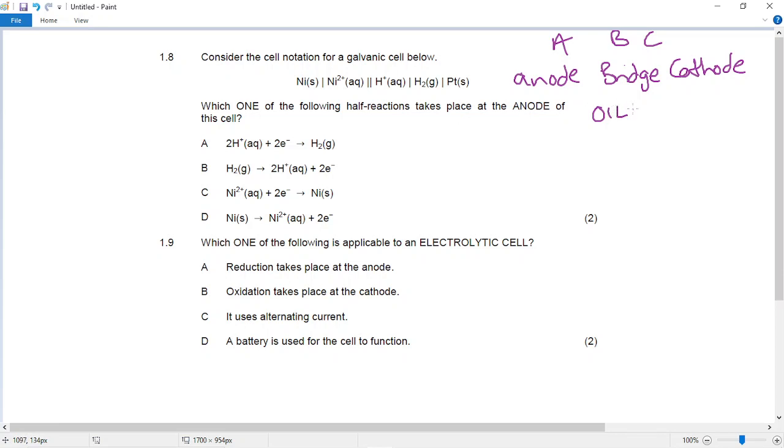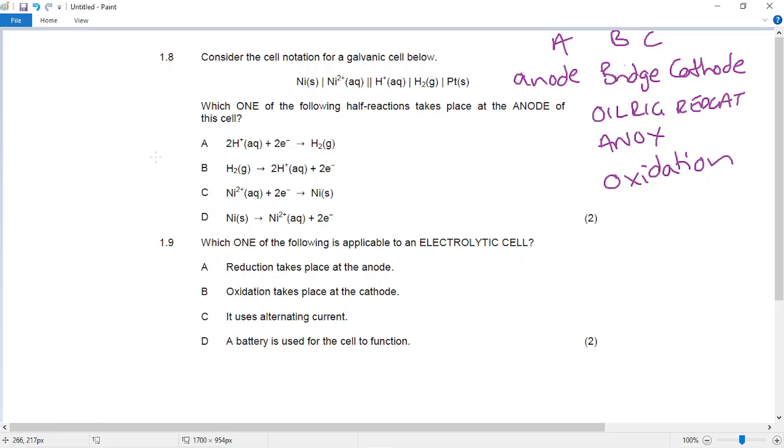If you remember, my other favorite is oil rig, red cat. So if reduction occurs at the cathode, it must be an oxidation occurs at the anode. So we are looking for an oxidation reaction. Now remember, reduction is the gain of electrons, oxidation is the loss of electrons.